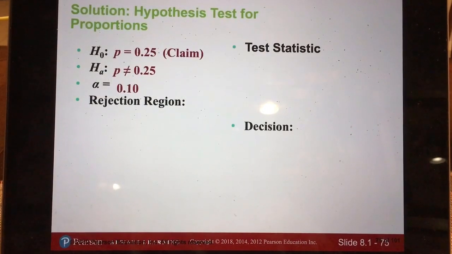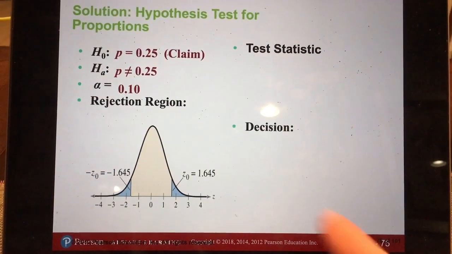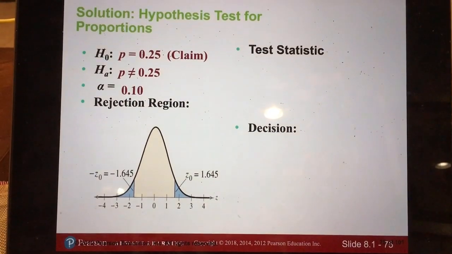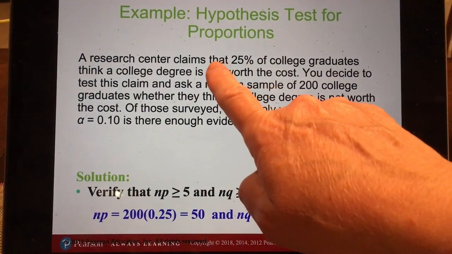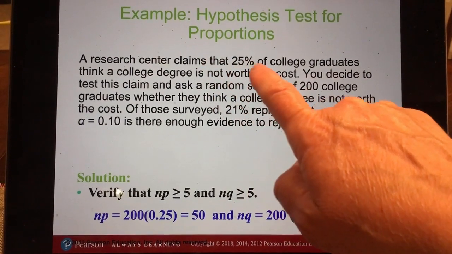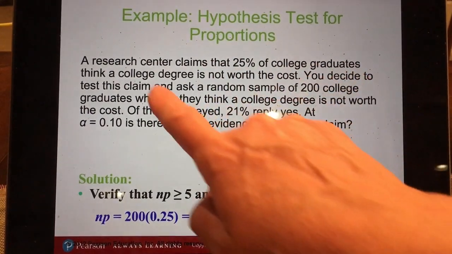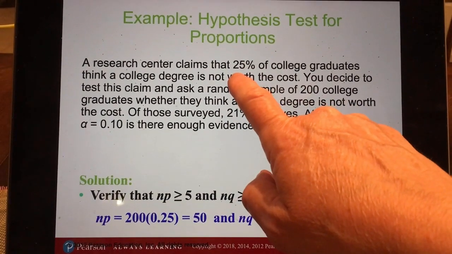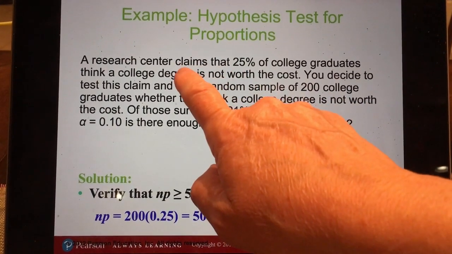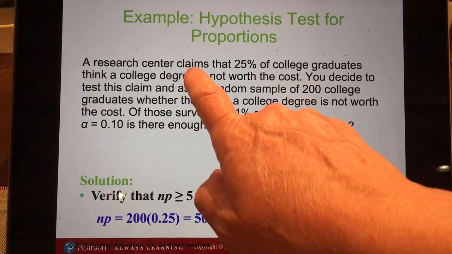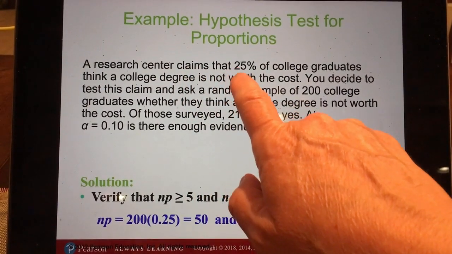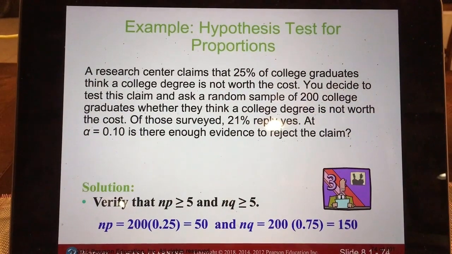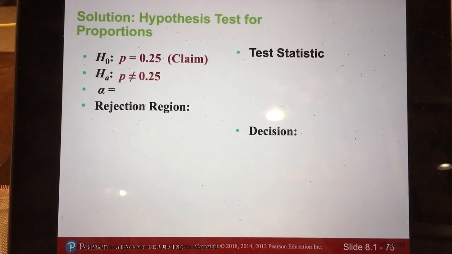Now we start looking at the parts here. Notice that it says it claims that 25% of college graduates think. It's not less than 25%, it's not more than 25%. Basically, they're saying that the percentage of college graduates is 25%. So this isn't equal to 25%.